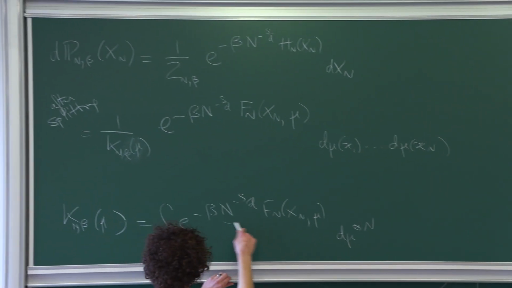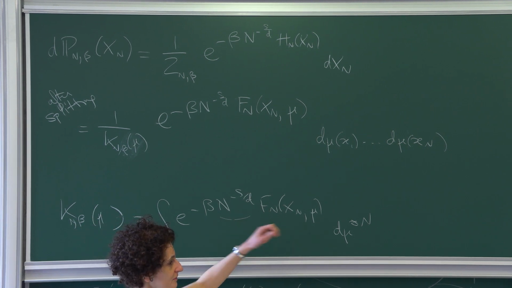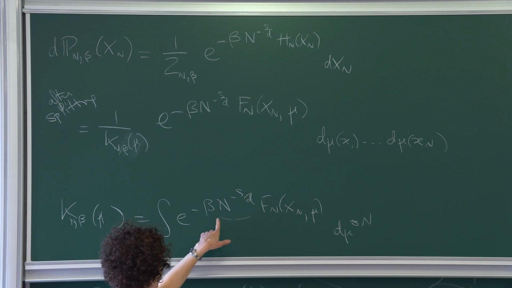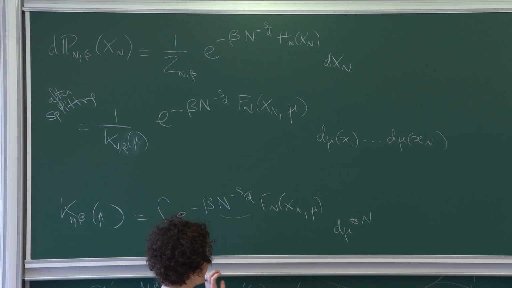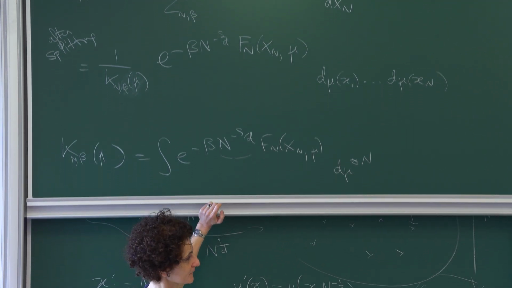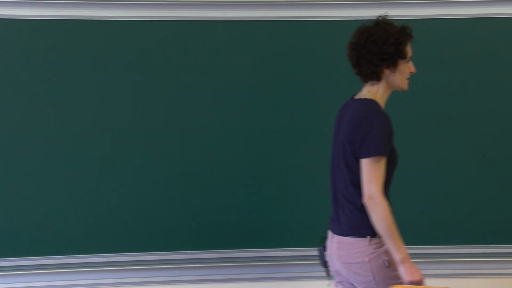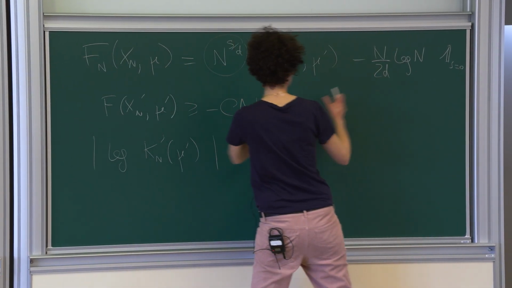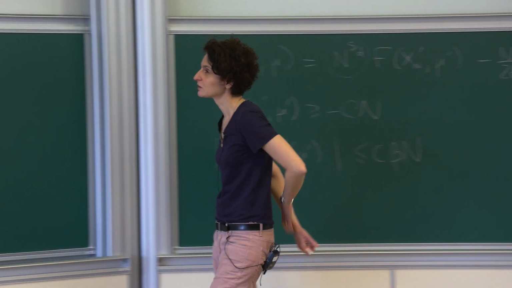So maybe that explains better why I chose to put this multiplier here. Because when you plug that in there, this cancels out or simplifies, and you just get beta Fn of xn prime, mu prime. And you also see why there was always this additive term. I told you you should really think of the energy as this plus this thing. They go together.